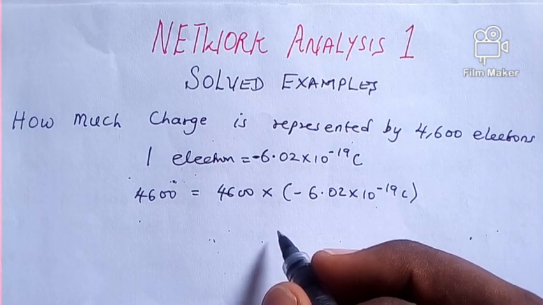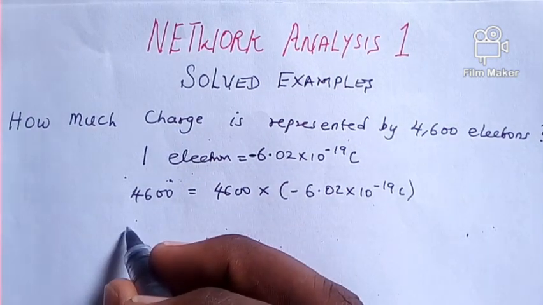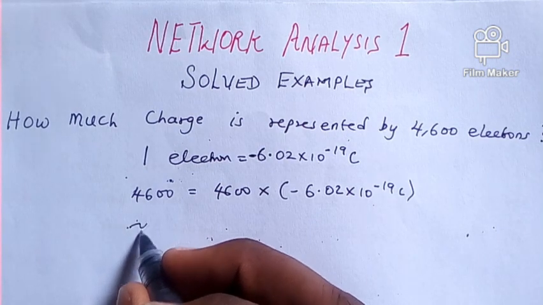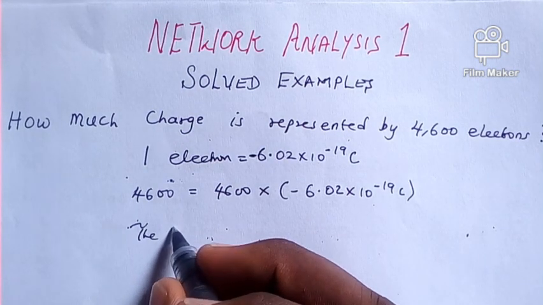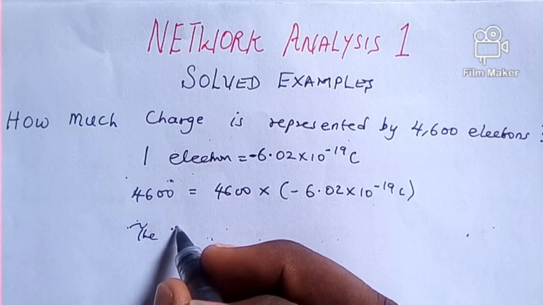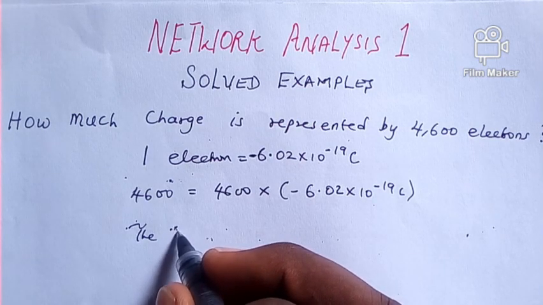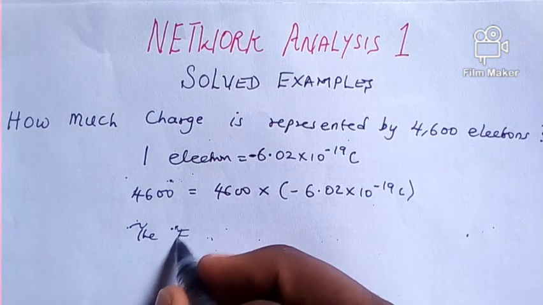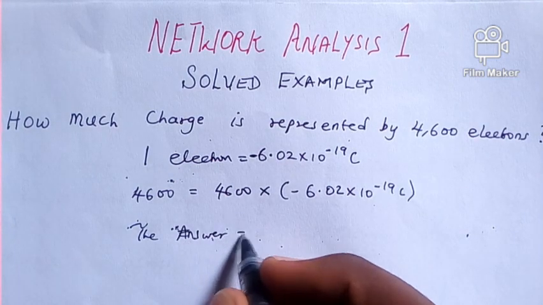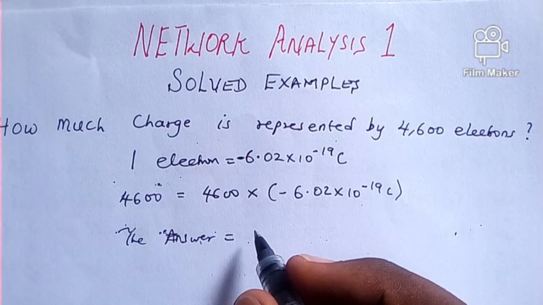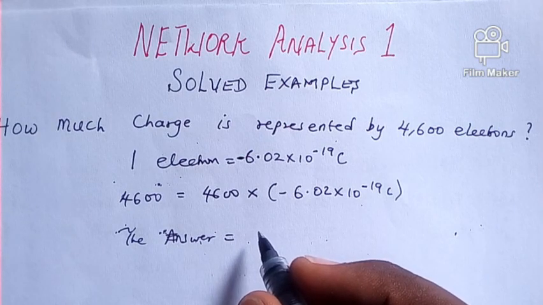So the quantity of charge will simply be 4,600 electrons times minus 6.02 times 10 raised to the power of minus 19 coulombs.